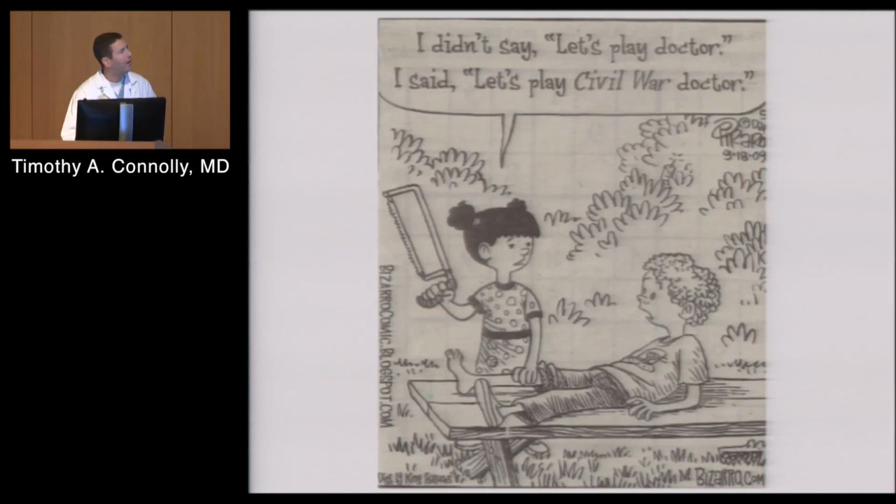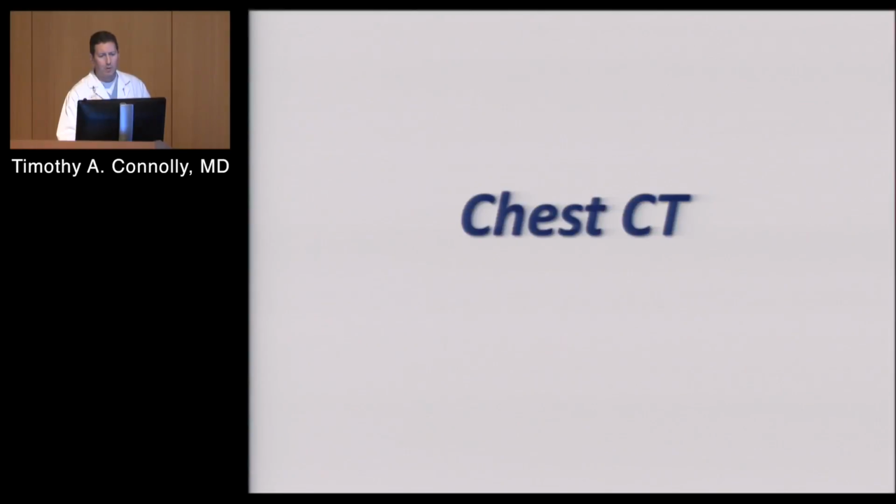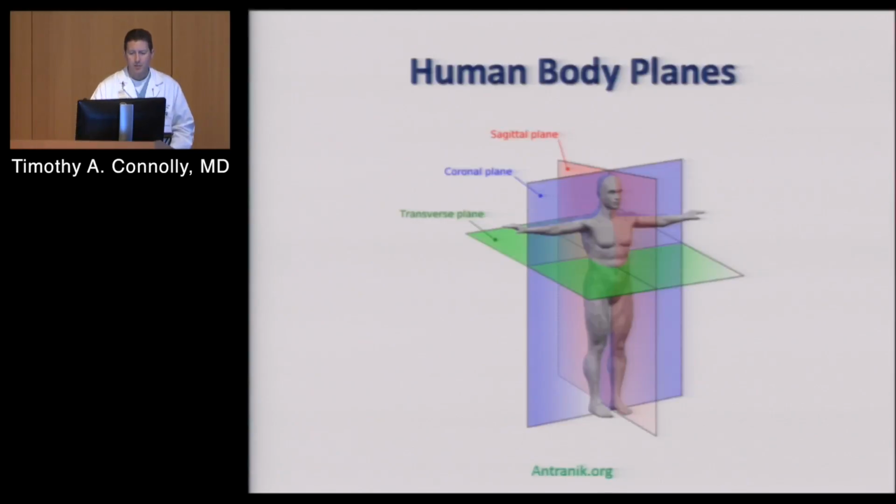All right, so we have focused on the ancient way of looking at things. Now let's move ahead and be a little more modern. So with chest CT, or for any CT in the body, there are a lot of different planes that can be used. We usually look at things in the transverse plane. And it's actually interesting.